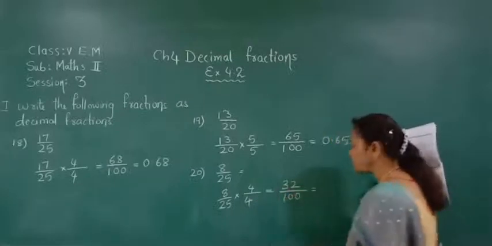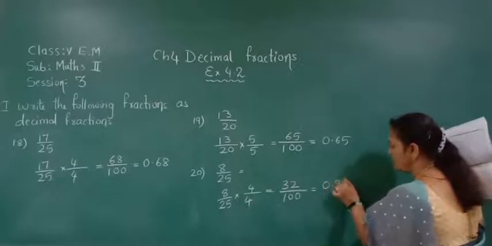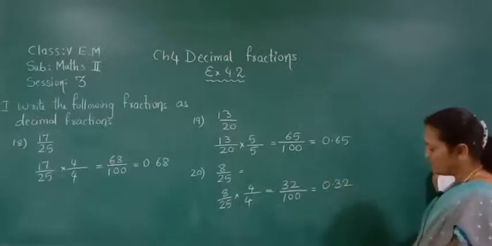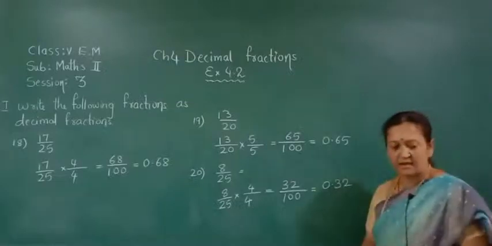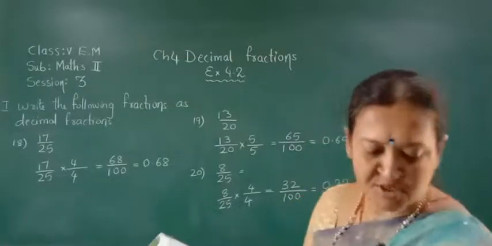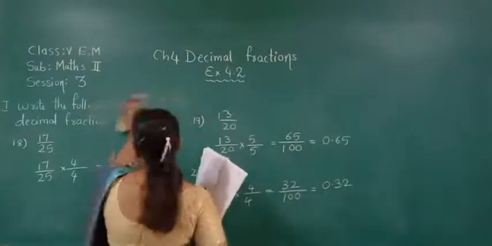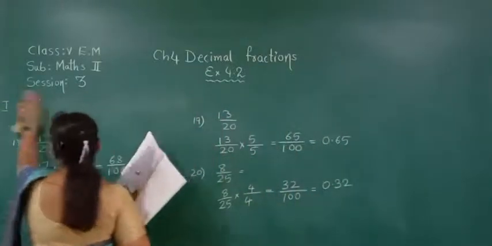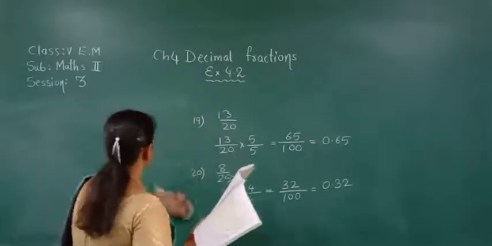Now 32 by 100 is 0.32. After 2 digits we have to keep the decimal point. Now let me go to second main question, where decimals are given, we have to convert them to fractions.